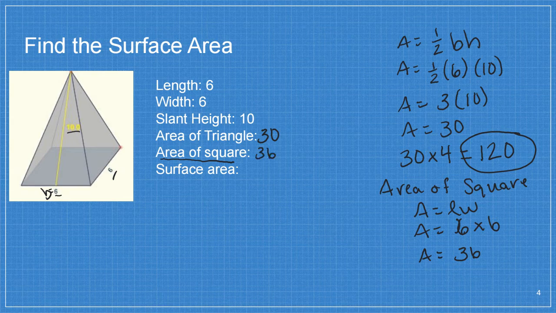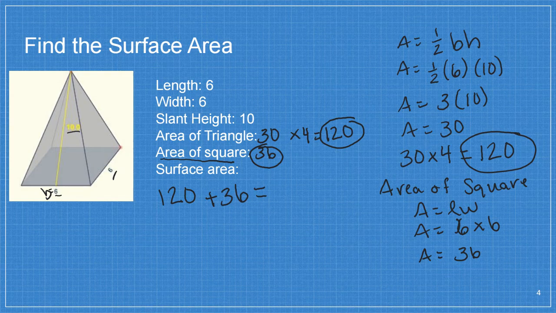The area of one triangle was 30, but then I multiplied that by 4 and I got 120. So the area of all of my triangles is 120, and the area of my square is 36. Now I simply add those areas together: 120 plus 36 equals 156.